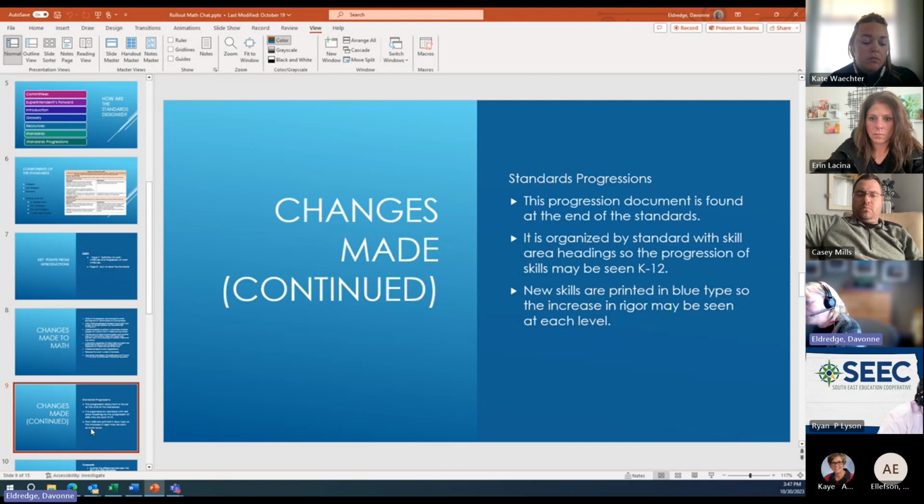Math was a little bit different than ELA because in math you have some of the standards that address more than one skill or that may be a prerequisite for more than one skill. When you're looking at that skill progression, you're going to see that the new skills are printed in blue type so that you may begin to see the increase in rigor and you can see what was new at each individual level.